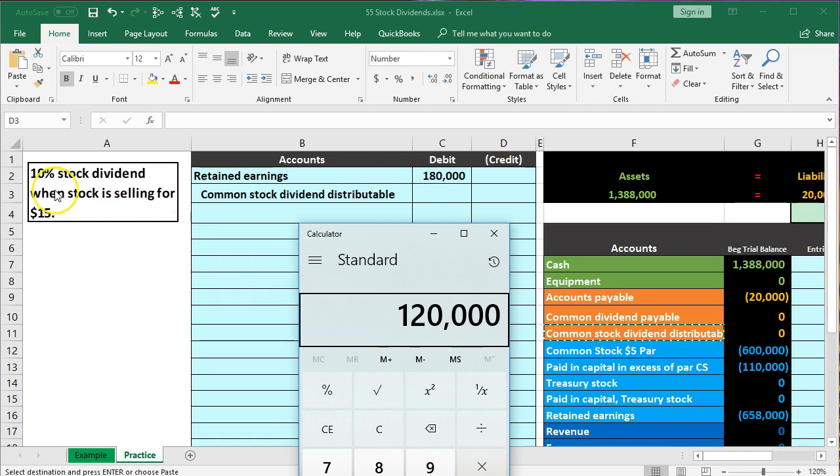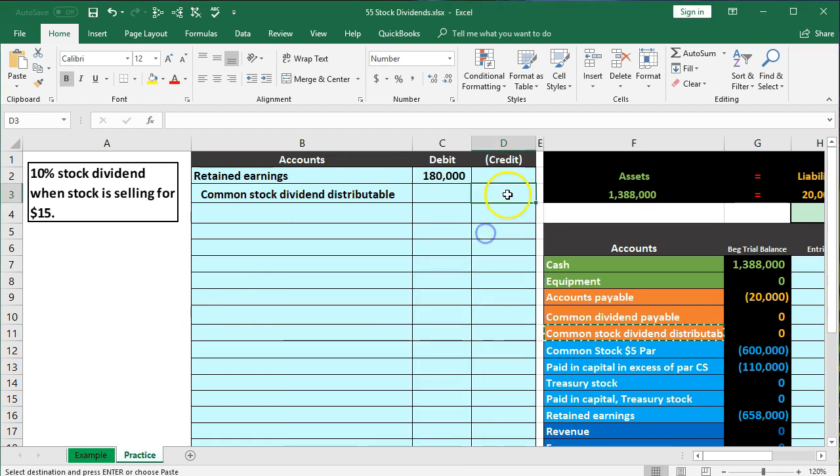If we multiply that times 10%, times 0.1, that gives us the 12,000 shares we're going to issue. Then we multiply that times the par value, rather than the market value, the $5. That gives us 60,000. So let's do that again in Excel. Instead of equals, I'm going to put a negative in D3.